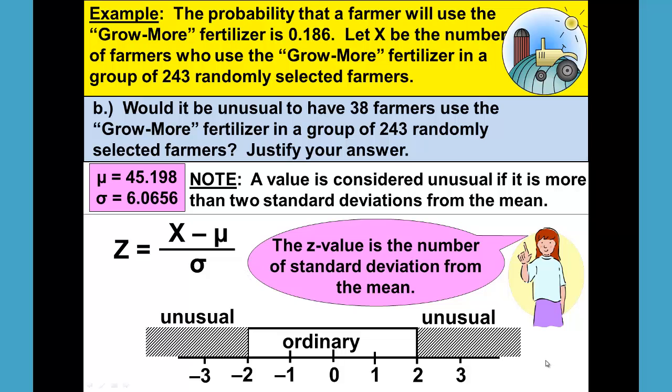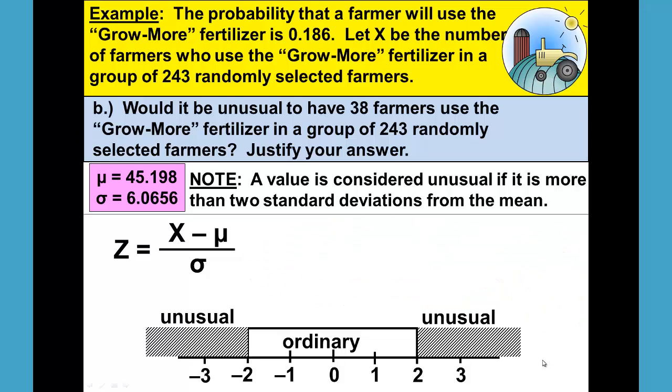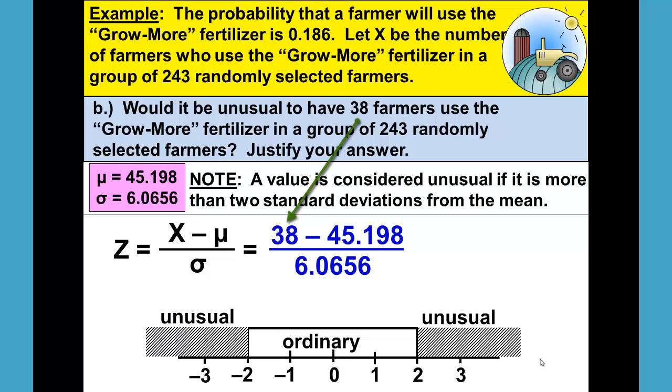And we have our number line here, which illustrates that better than my words. Let's calculate the z-value. Since we're asking about 38 farmers using the Grow More fertilizer, that will be our x, minus the mean of 45.198, divided by the standard deviation of 6.0656. Calculate the z-score, and that gives us negative 1.19.